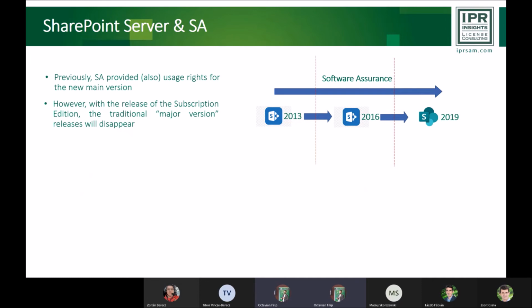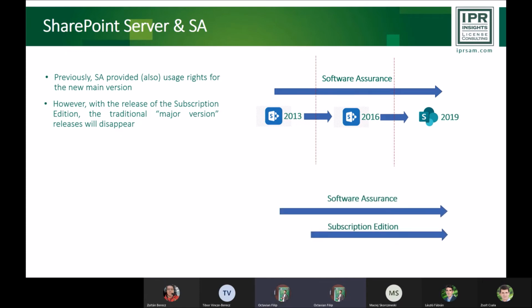It will always be the so-called Subscription Edition, which means that if we buy today SharePoint Server Subscription Edition perpetual license with Software Assurance and choose not to renew the Software Assurance after a number of years, we have to go back to the 2019 version. So if I let the SA drop here, I stay on 2019. If I let the SA drop 2 or 4 years later, then I have to go back to 2019 as well.